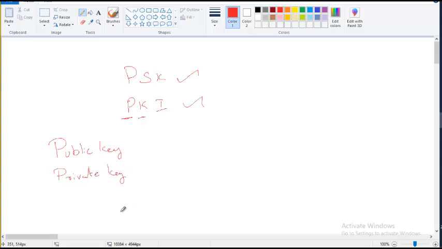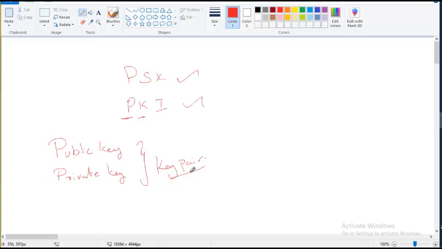So before we get into this PKI, let's talk about this public key and private key. A pair of keys, key pair. Now, what is this pair doing? We use public key and private key so that no one else other than the two parties will be able to decrypt the data.